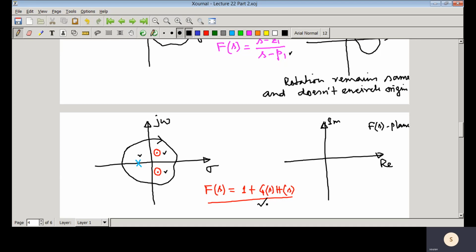This particular transfer function has, suppose, two zeros and one pole. Mind that we are not considering whether it is rational, proper or improper; we are just trying to understand the principle of argument, because in control systems you will always have a transfer function which is proper or strictly proper. An improper transfer function we are not going to consider, but in this particular case we are just trying to understand the principle of argument.